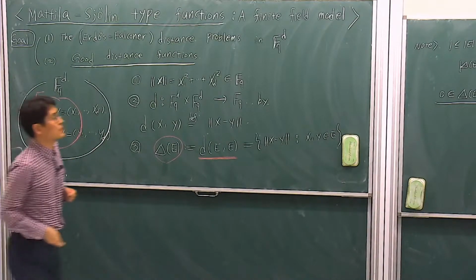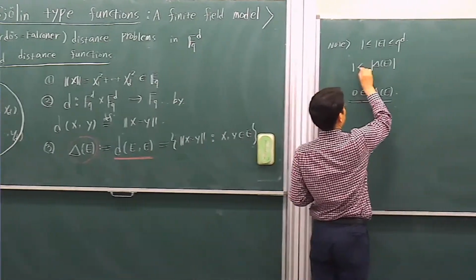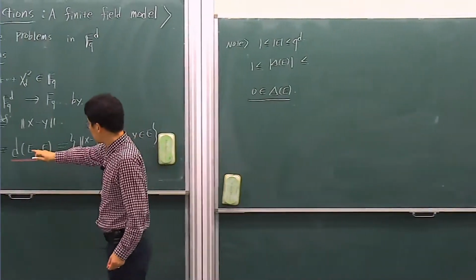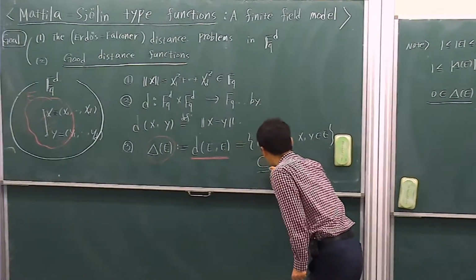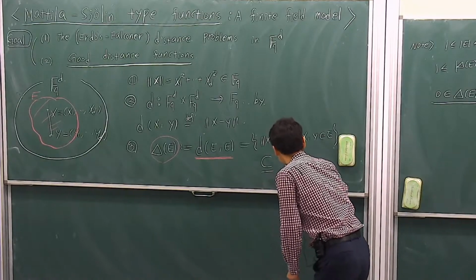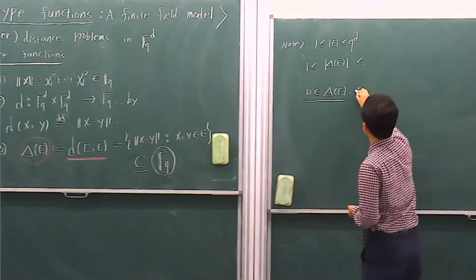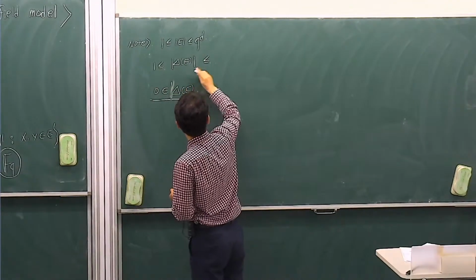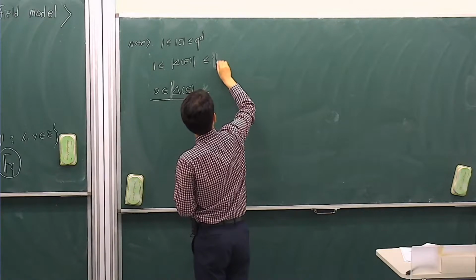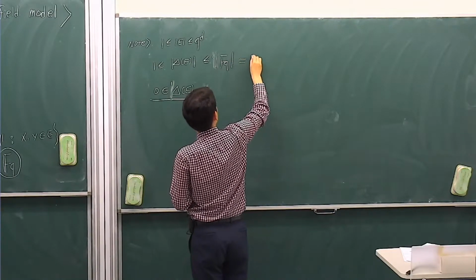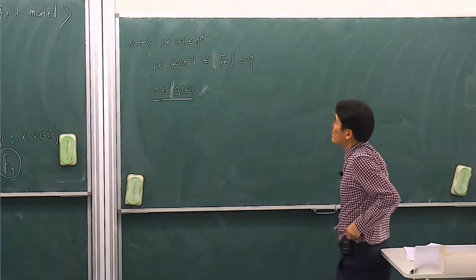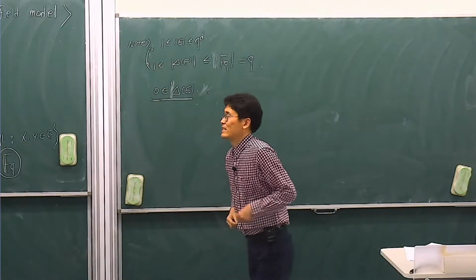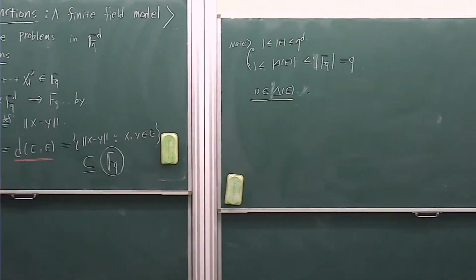So this is not empty, and it is naturally a subset of F_q, so its cardinality is at most q.